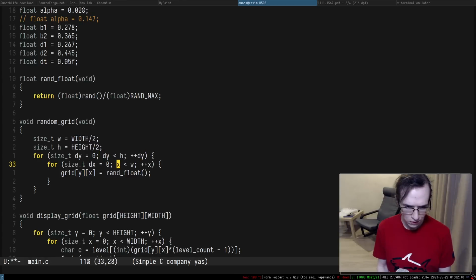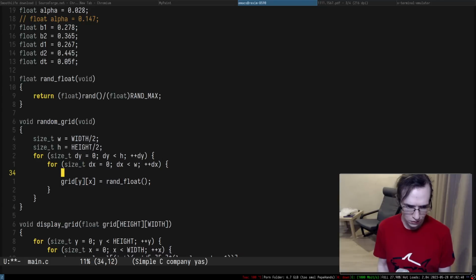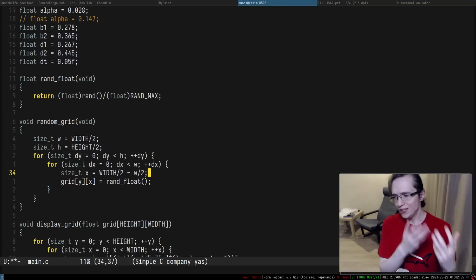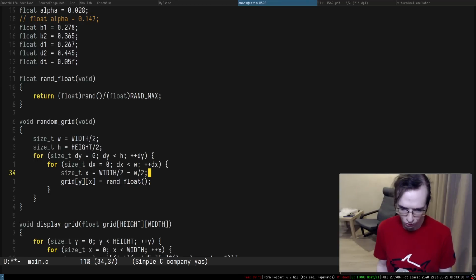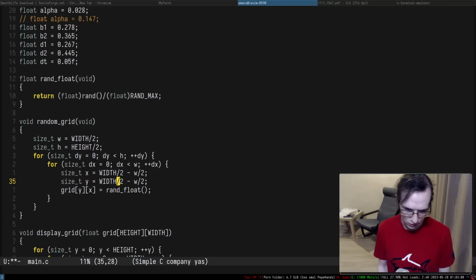So the actual x and y is basically x, half of the width minus half of that thing. So it's sort of centered, so we can see, because it's down on the edge, and so it's kind of difficult to see what the hell is going on in there.